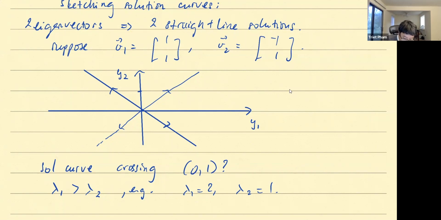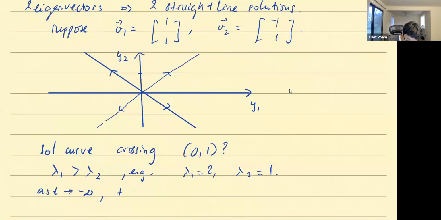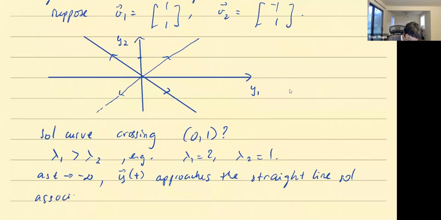We don't look at this so much, but as t approaches minus infinity, the solution does approach v2, because it's the dominating term. y(t) approaches the straight line solution associated with v2.